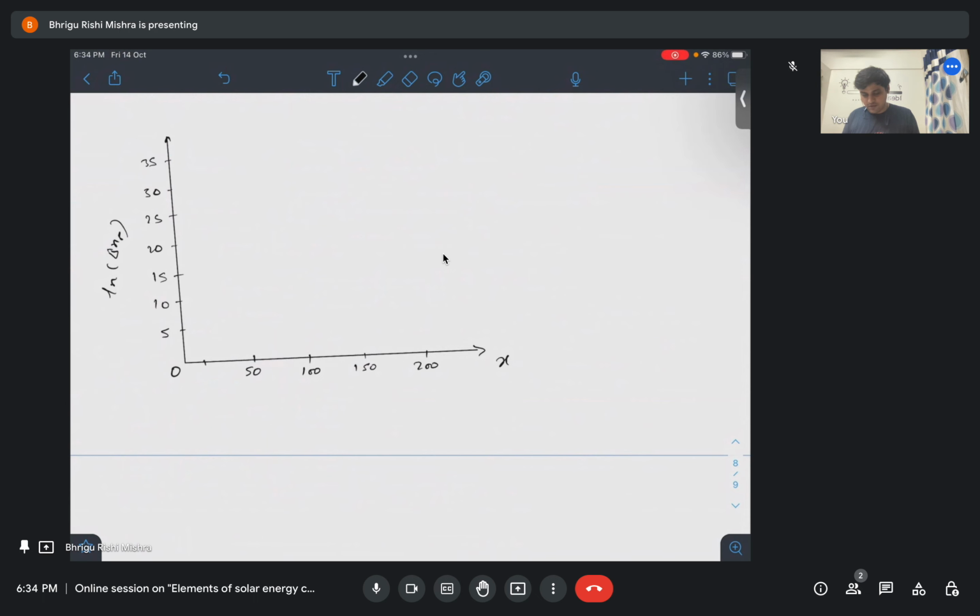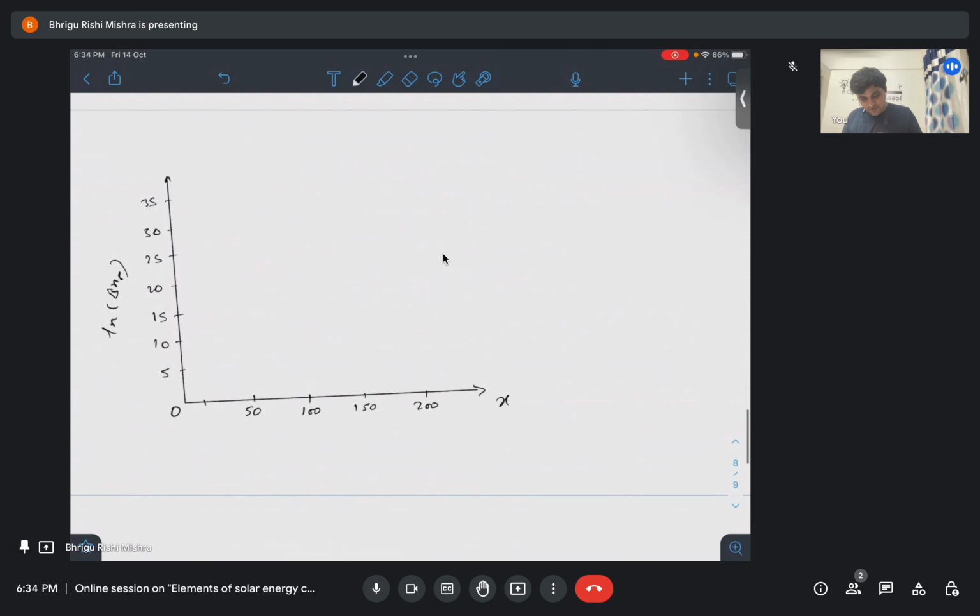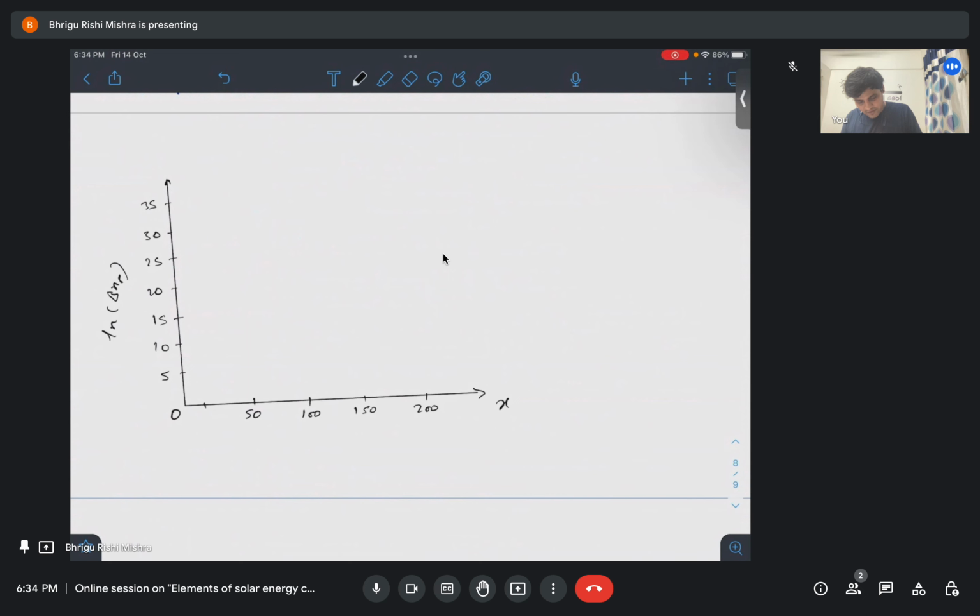So at 10 micron the ln is 32.95. Okay, so somewhere here, close to 30, this is the first point.